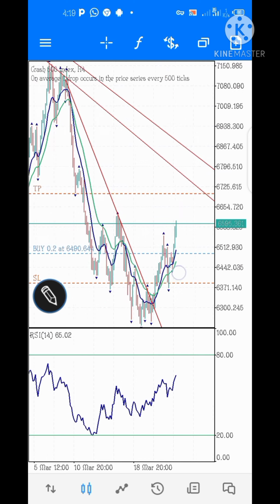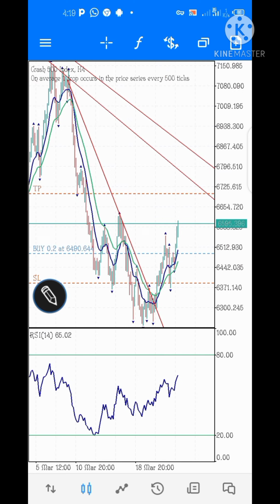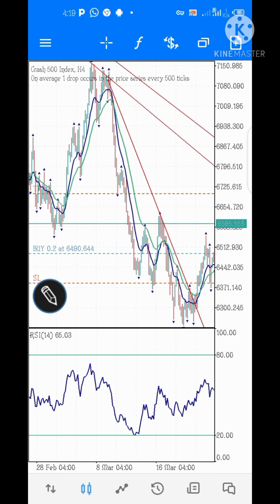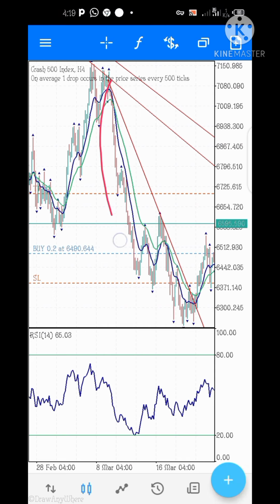I use these moving averages as support and resistance points. When the market is in a downtrend, I use it as resistance like this place, and when the market is in an uptrend, I use it as support like this place.